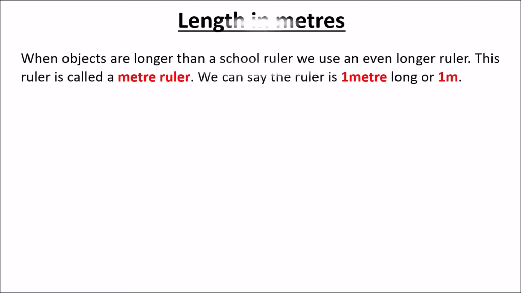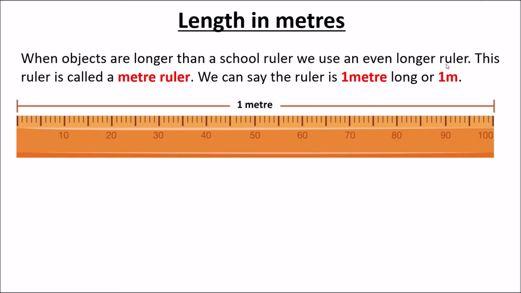So that, grade 2s, was measuring length in centimeters. Now we're going to measure length in meters. Now, when we have objects that are longer than a school ruler, we use an even longer ruler, like this one.